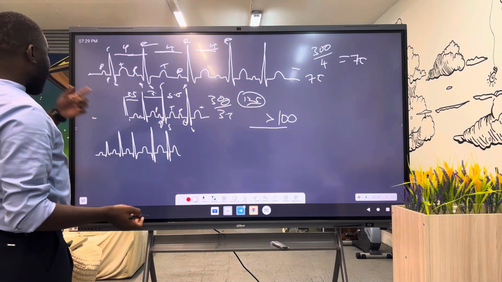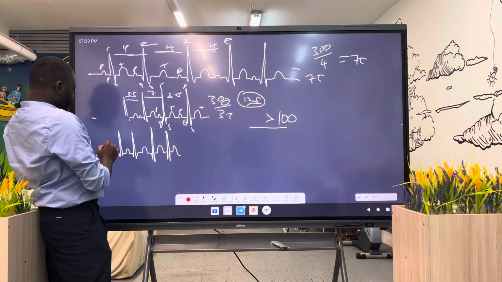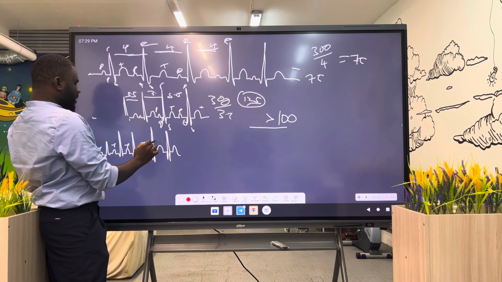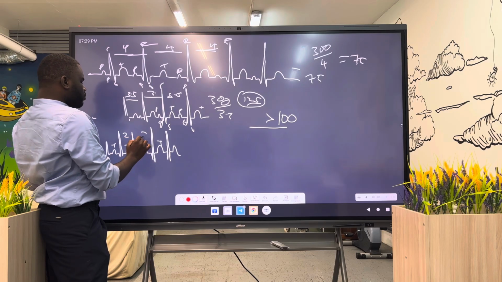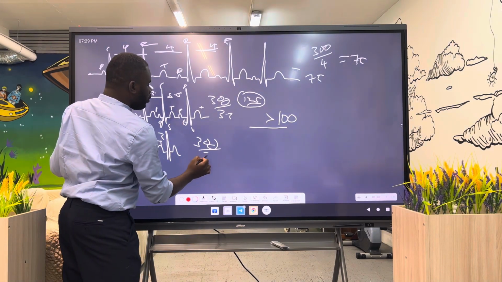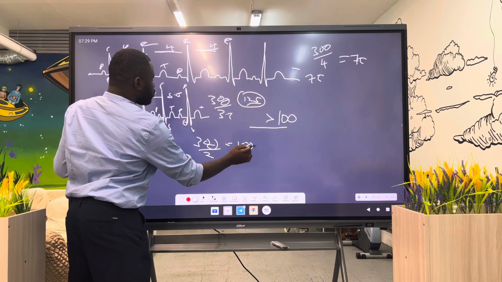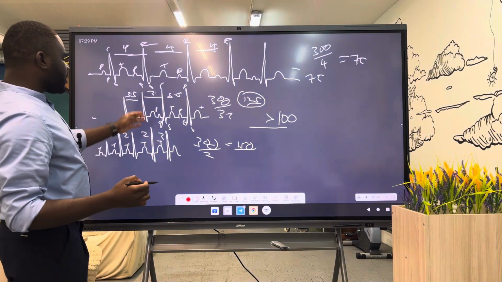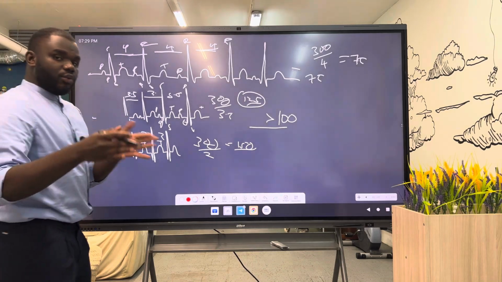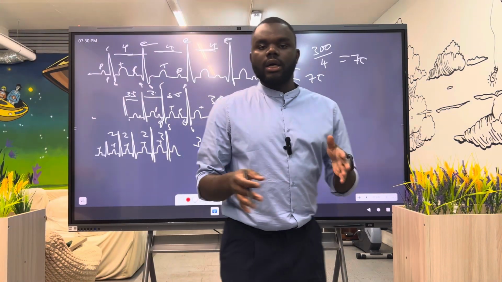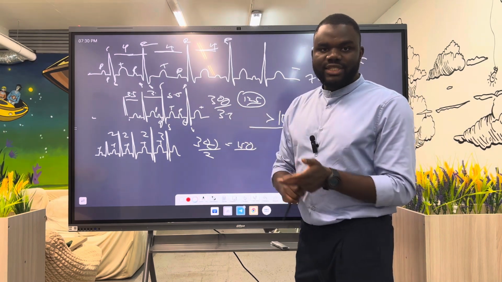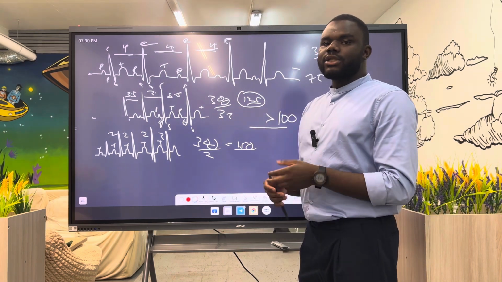Now the next one we have is where we have just a T wave in between the QRS complexes. Two boxes in between, 300 divided by 2 is what? 150. So if we have something that is non-sinus and regular like this, two boxes in between, and we have a T wave in between each RR interval, with a fast heart rate, it is called what?